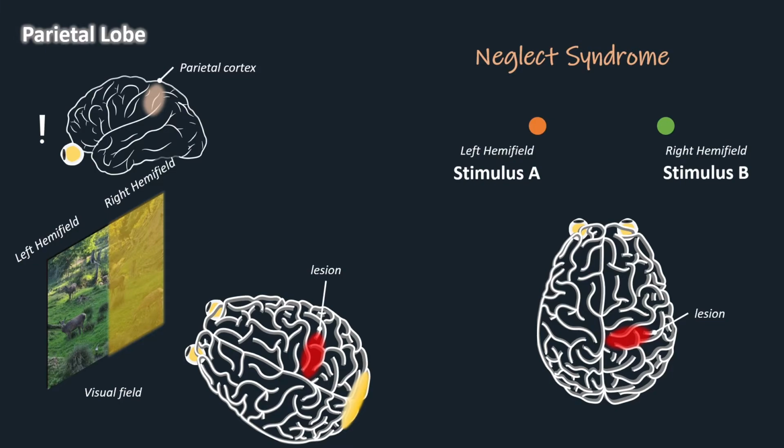Even when patients are presented with only two stimuli, one in each field, they report seeing only the stimulus in the ipsilateral hemifield. They cannot focus attention on the hemifield contralateral to the lesion, and as a result, they may not see everything in that hemifield even though the sensory pathway from the eye to the primary visual cortex is intact.